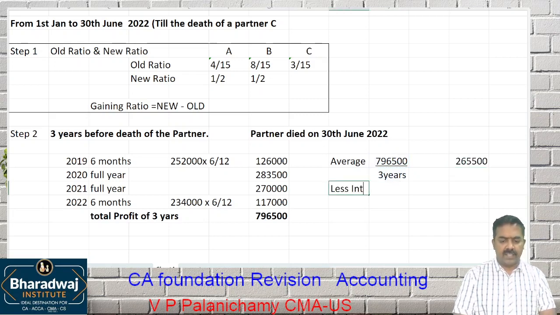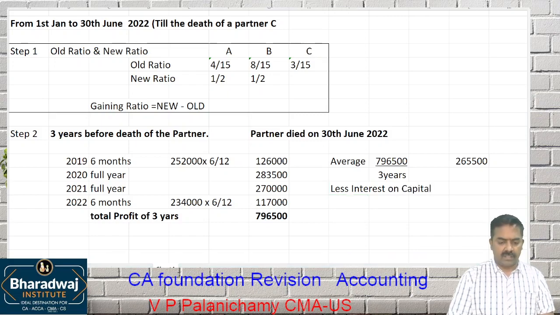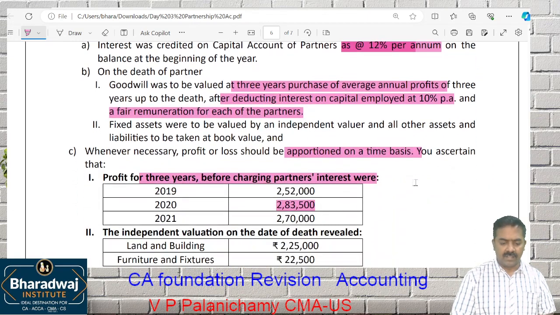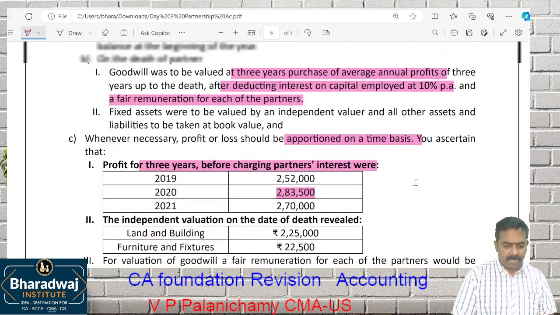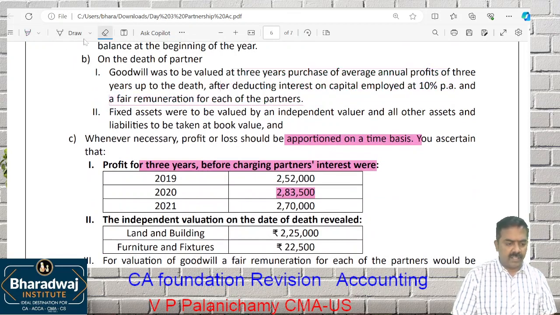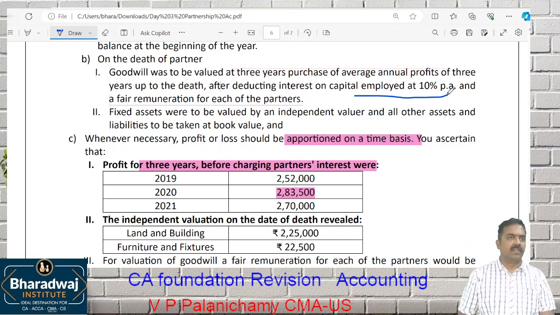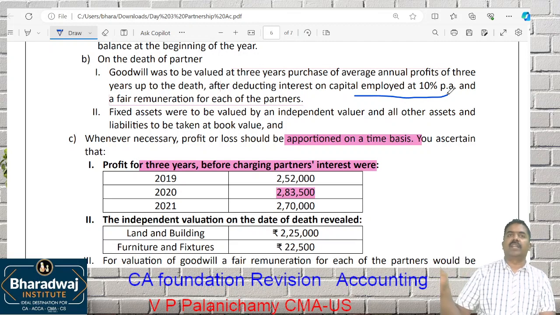Less interest on capital. There are two interest on capital rates given. Here it is 12% per annum. In the adjustments, they have given that goodwill should be valued after taking interest on capital employed at the rate of 10% per annum. So will you take 12% or 10%? For goodwill valuation, you have to take 10%.